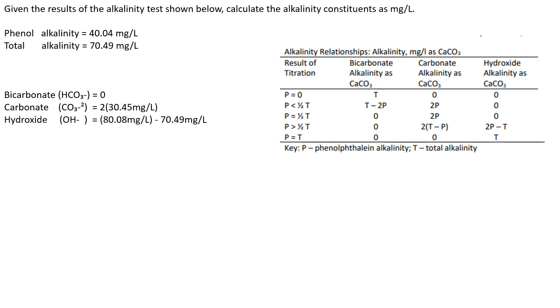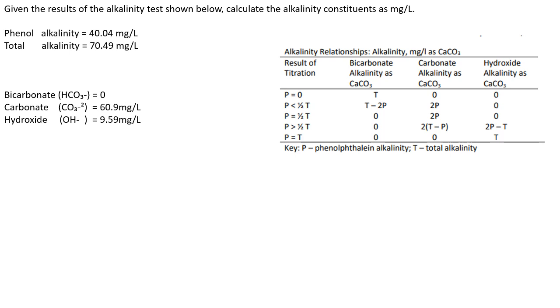So do your math in your brackets. You had 30.45 when you did subtraction, and you did your multiplication, you got 80.08 for your hydroxide. So we have 2 times 30.45 for your carbonate, and for your hydroxide, you have 80.08 minus 70.49 milligrams per liter.